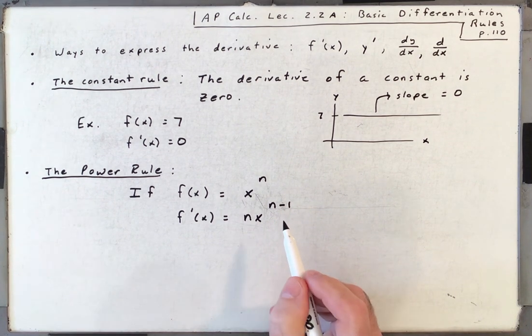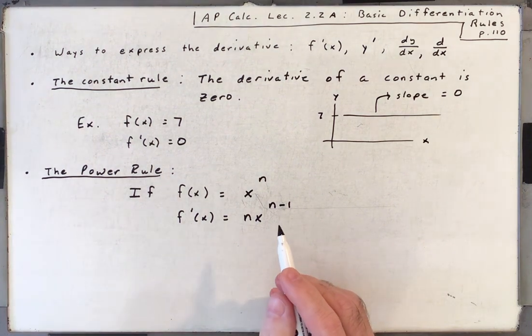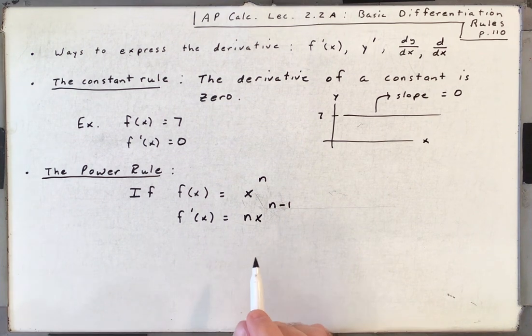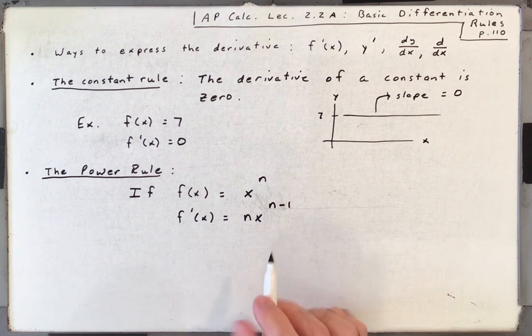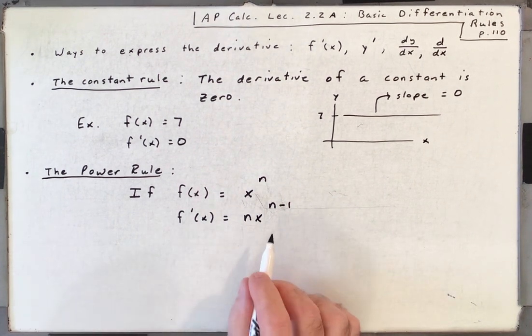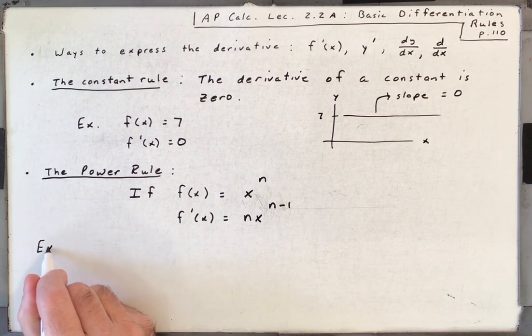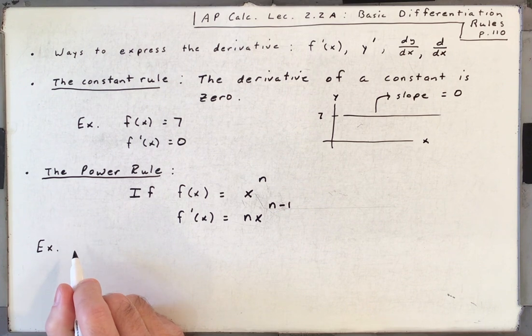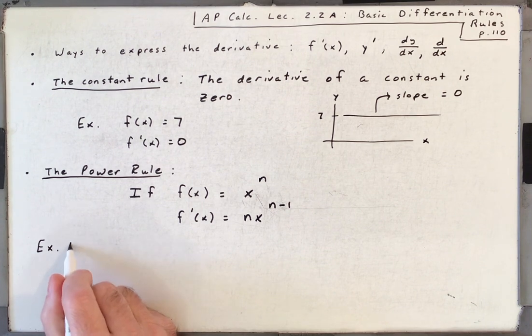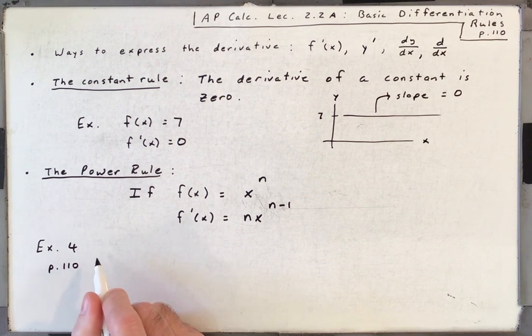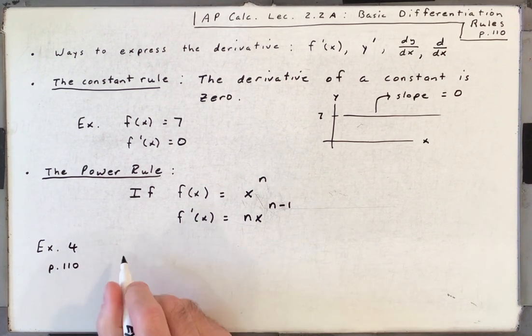All right? So that's all we had to do on all of those problems that we were using the definition of the derivative. We could have literally done some of those problems in 5 seconds. So let's work some examples using the power rule from the book. So starting with example 4 on page 110, and I'm going to do 5 of these.